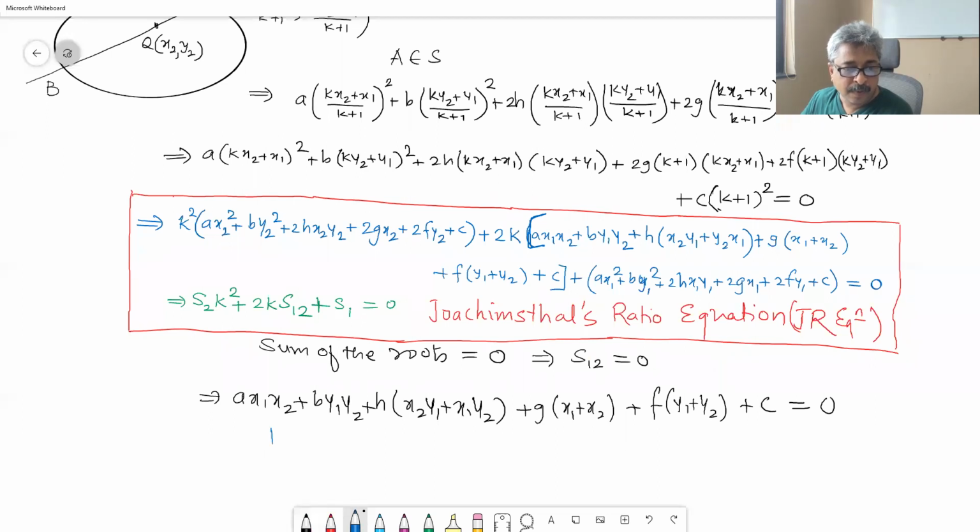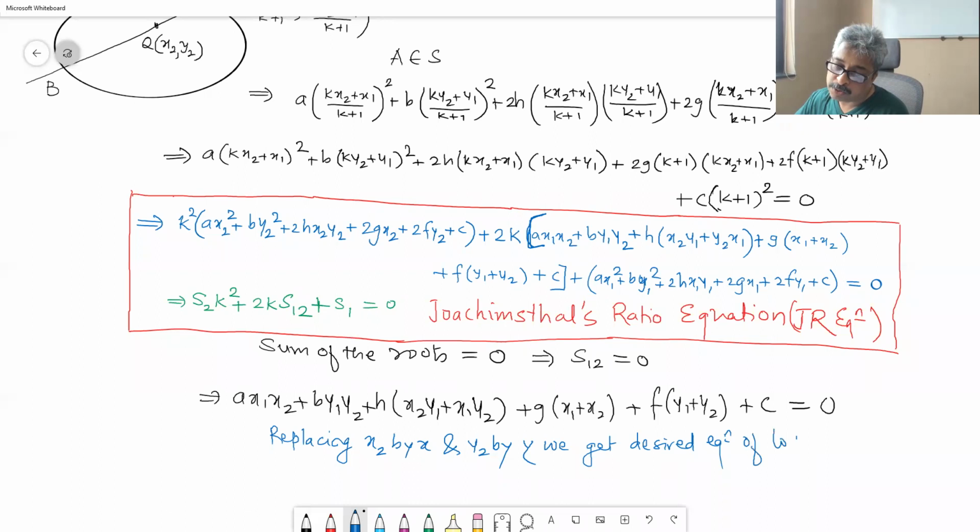Replacing x2 by x and y2 by y, we get the desired equation of locus, which is a x x1 plus b y y1 plus h into (x y1 plus y x1) plus g into (x plus x1) plus f into (y plus y1) plus c is equal to 0.